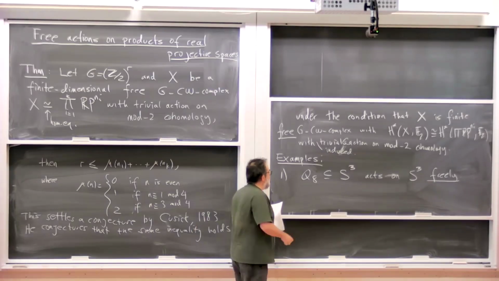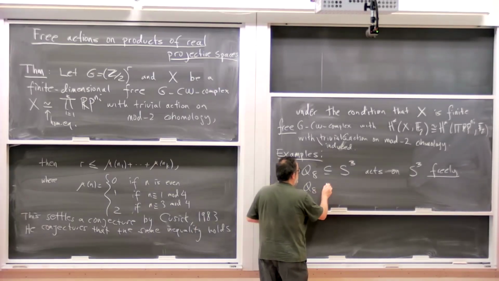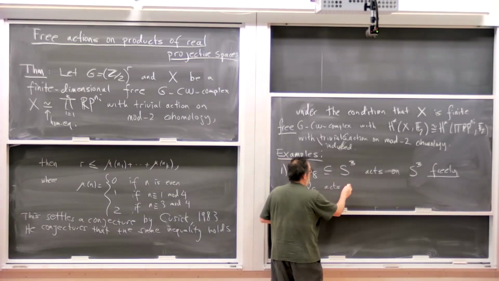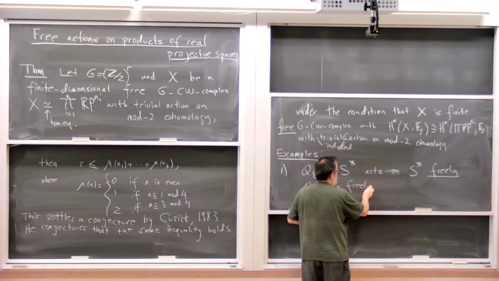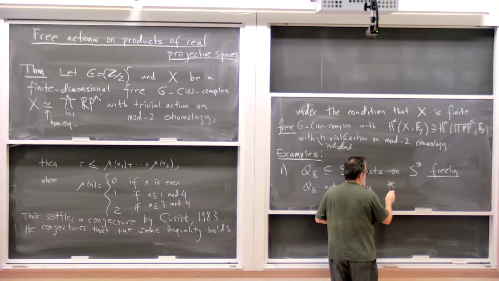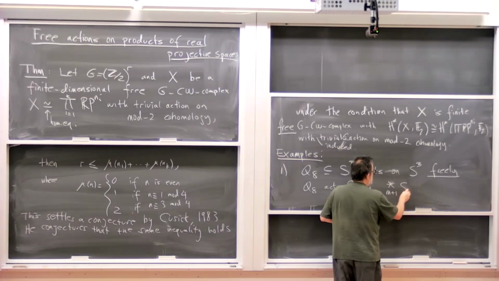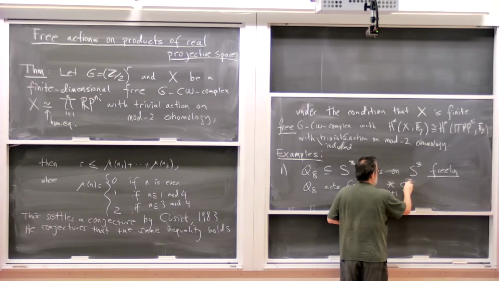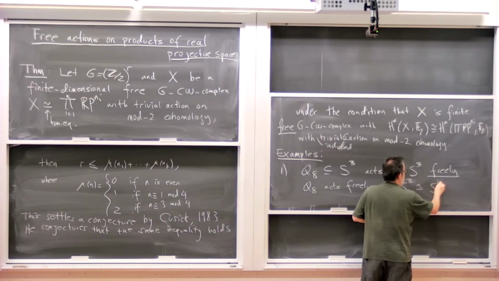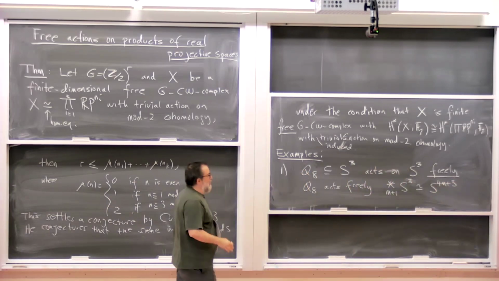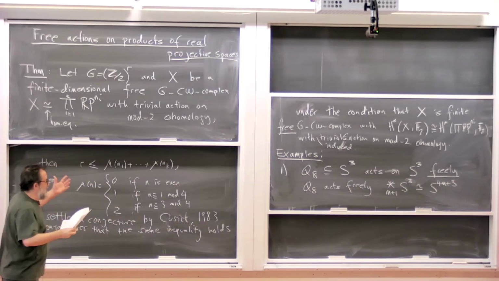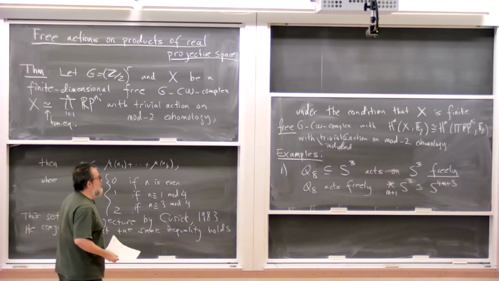So this free action, you can extend this to joins of n+1 copies of S^3, which will be S^(4n+3). Or you can take the direct sum of the representation and take the unit sphere in it.